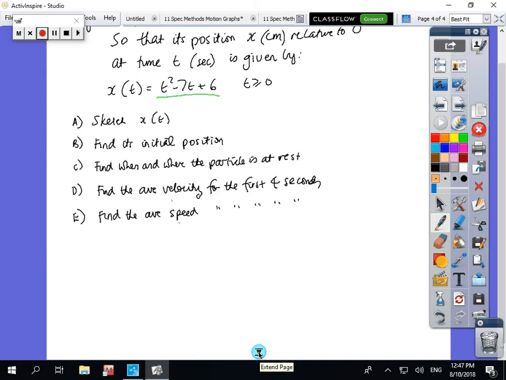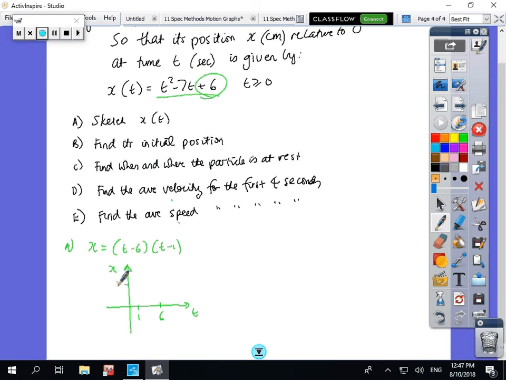I'm just getting my slides ready. Okay, so factorize: it's got a plus at the back and a minus in the middle, so it's two minuses. So it's (t minus 6)(t minus 1), and at 1 and 6 there's going to be a change. We're measuring x versus t.